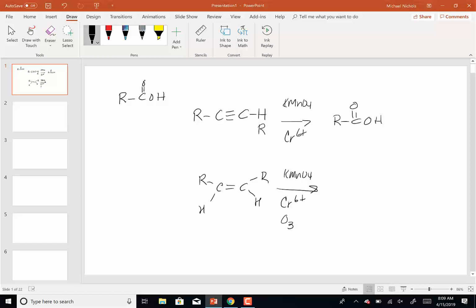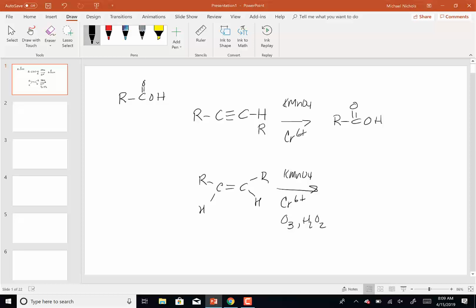So I could use O3 and H2O2 to cleave that double bond and make carboxylic acids out of it. I'm sure they put that in there as well. So again, these are all the different ways that we can make carboxylic acids.